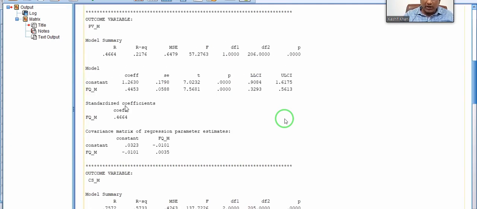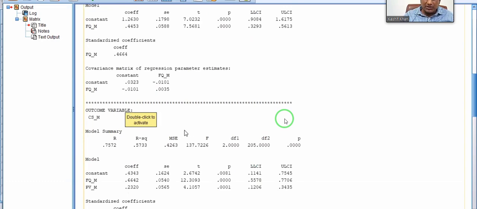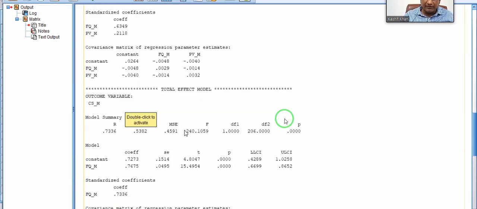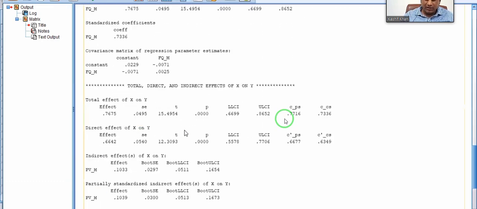However, what we are specifically interested in is what we call the indirect effect. Can you see the indirect here? Indirect, right here. You see the indirect effect is right here. Effect size is this much. Okay.